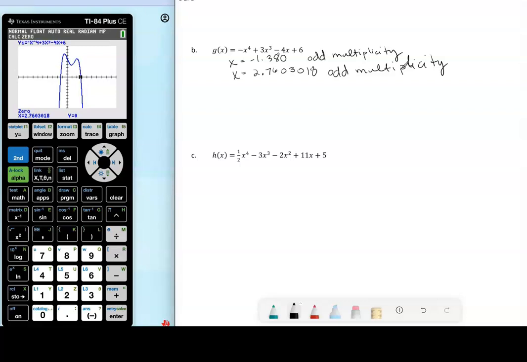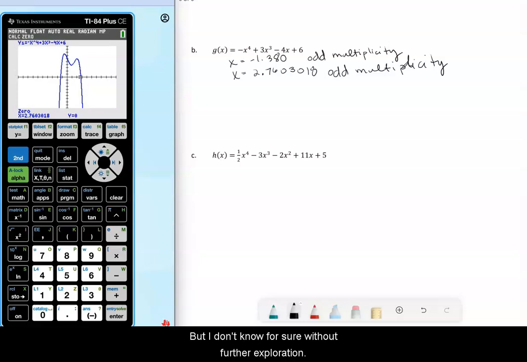Now, I am guessing, because of the way it turns around right here, that our zeros are going to work out to a 3 and a 1. But I don't know for sure without further exploration of the function.